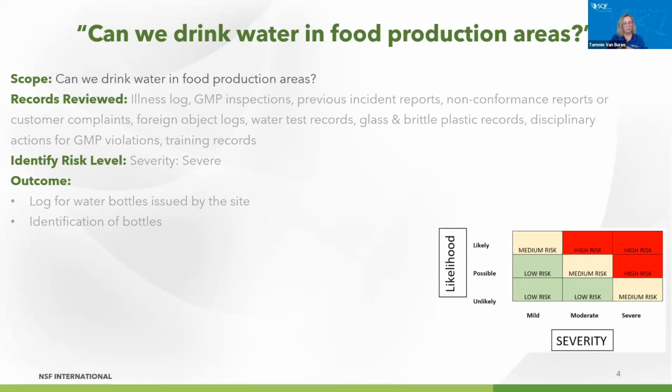We would probably want to issue the water bottles, if we determined from the risk assessment that we could do that. We would want the site to issue those water bottles, and also have some way of identifying them in case a water bottle got missed or there was an issue. So we didn't get all the way through it, but we got pretty close before we got cut out.